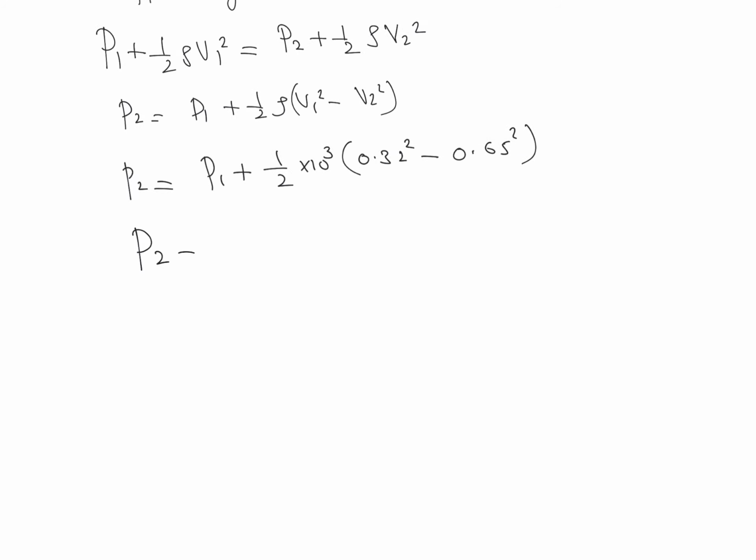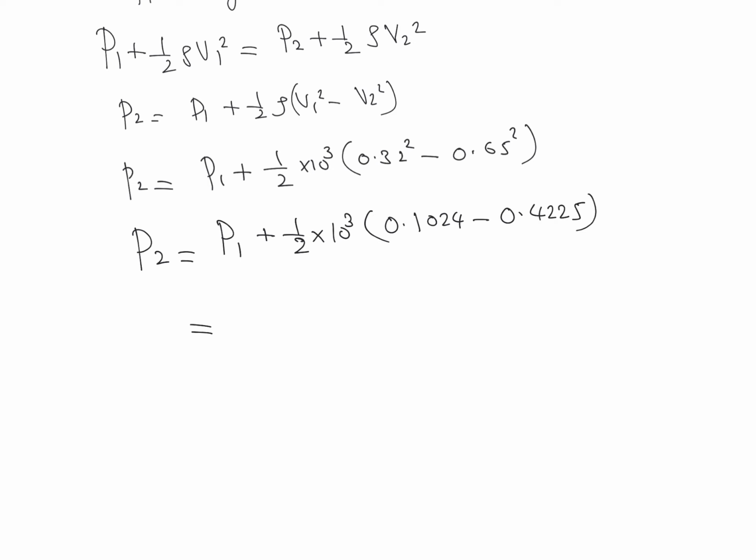So P2 is equal to P1 plus half into 10 raised to 3 into 0.32 square, which is around 0.1024, minus 0.65 square, which is 0.4225.